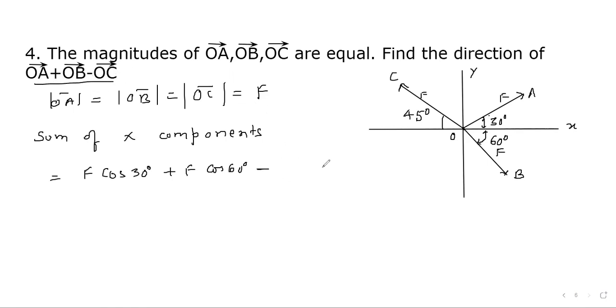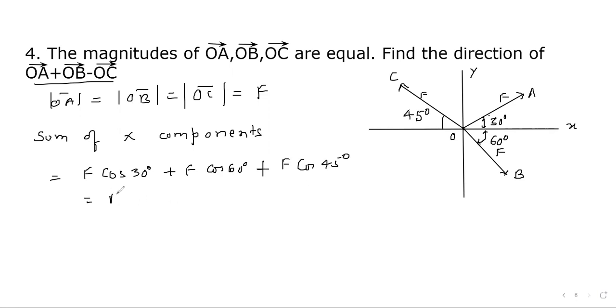The minus sign is already there, and there will be a minus sign from here, so this will become plus. We are taking the X component, so not F sine, F cos 45 degree.